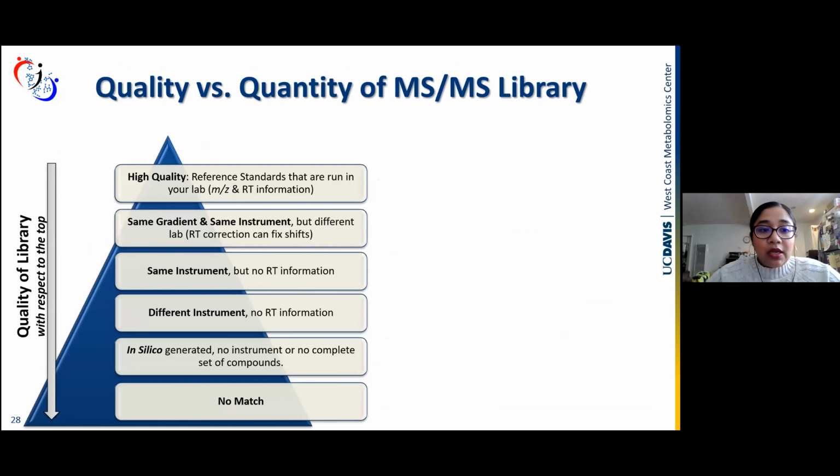I think it would be towards the top, because what I was trying to hit with this slide was that the more metadata you have that's closer to your experimental data in terms of how you acquire that reference data, the better in terms of providing higher confidence and a correct identification or annotation, to say the least.